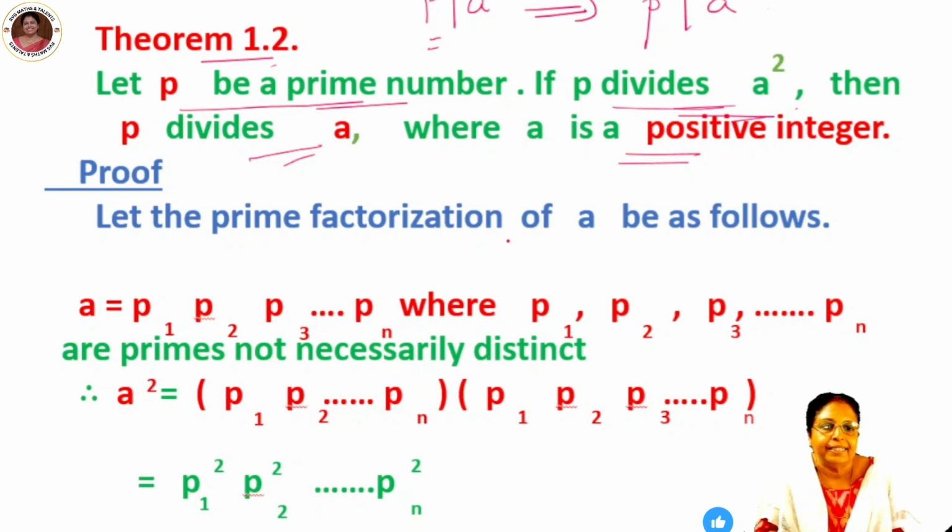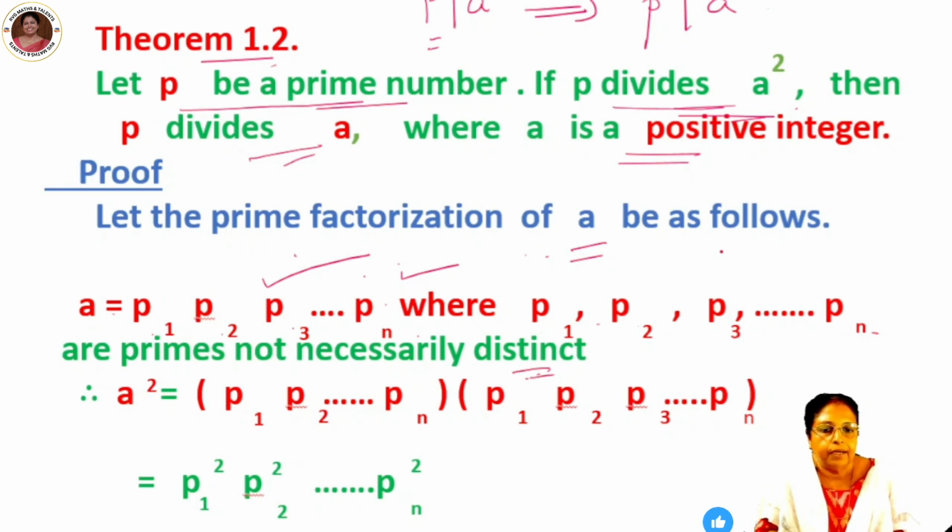Let us see. Here a is a positive integer, and we know we can factorize any positive integer into prime factors. Let this be the prime factorization of a. That means a equals p1 p2 p3 ... pn, where p1, p2, p3, ... pn are prime numbers, and they may not be distinct.